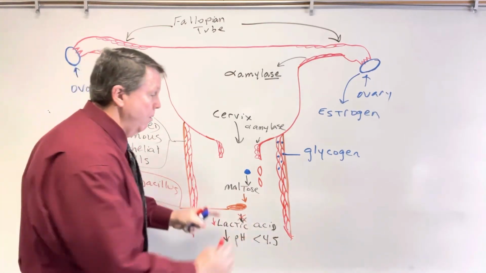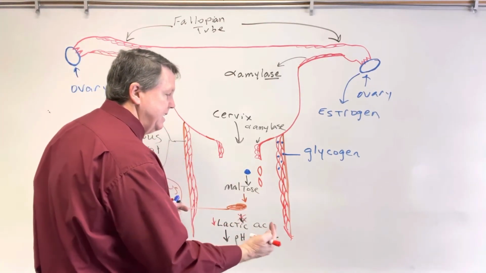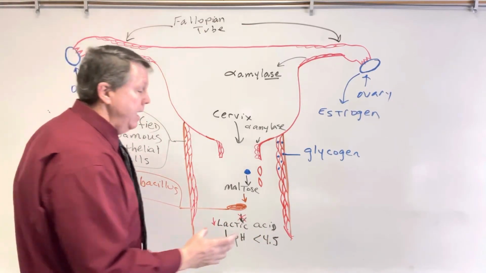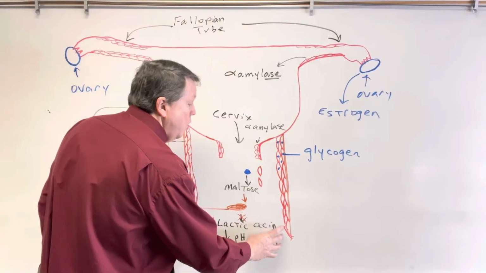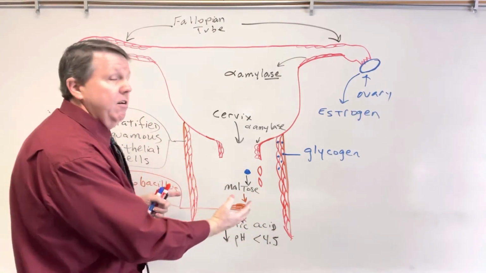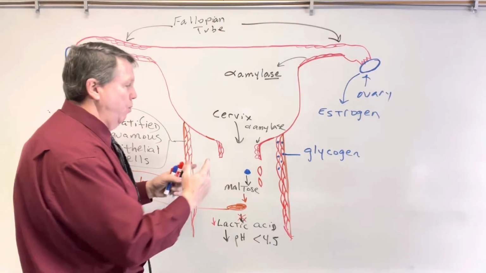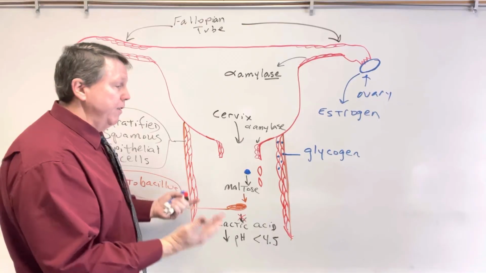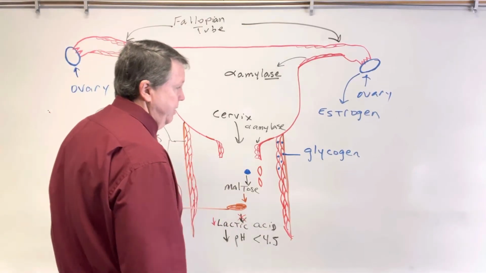So this is becoming more of a base, less acidic. When it becomes more of a base, bacteria that can grow in less acidic environments will increase, and that can lead to an infection. Those bacteria grow, now your immune system is going to realize something's wrong, and it's going to start attacking the area, leading to inflammation and vaginitis.